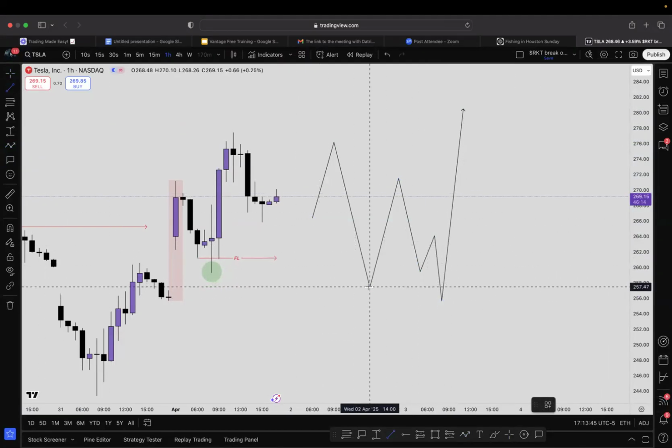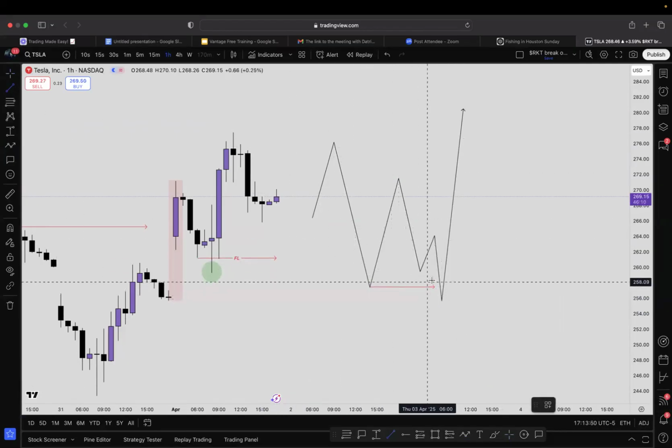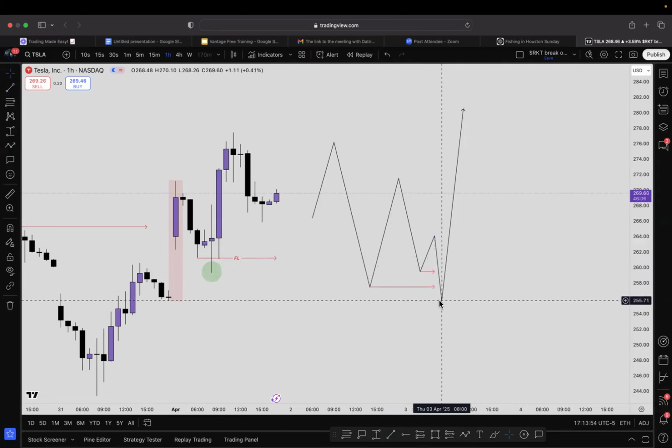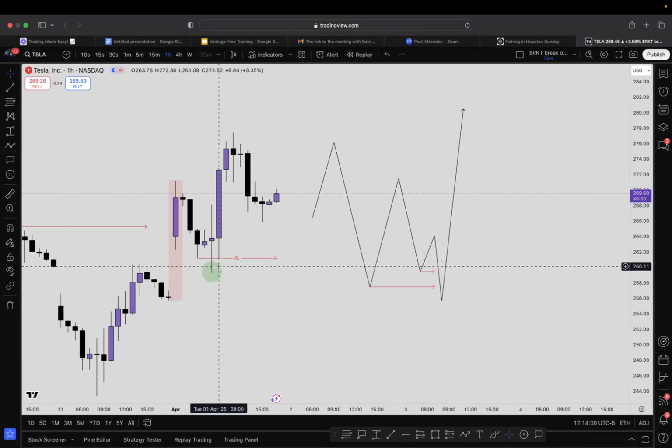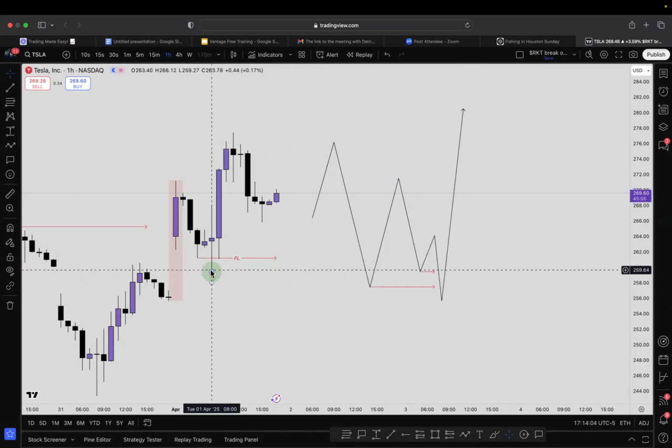So this would be an example of price actually breaking structure to manipulate that first low before pushing higher. So that's why I say you never just use, oh, this is first low, here's manipulation, I'm just going to buy.